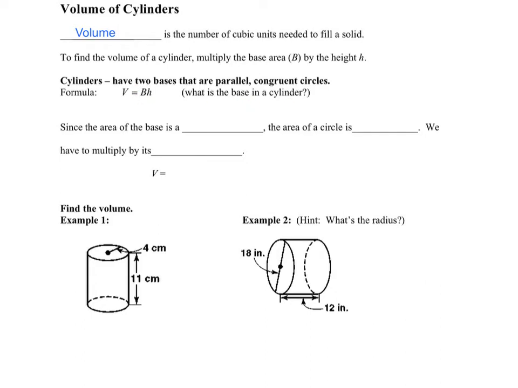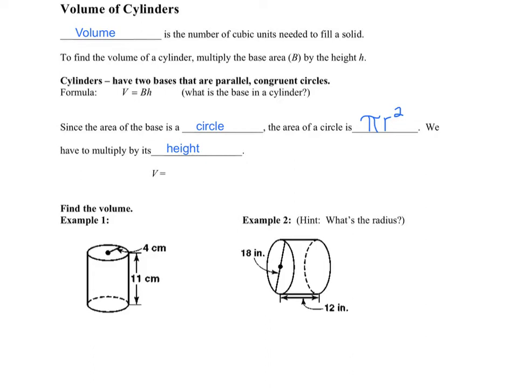It is a circle. So since the base is a circle, and the area of a circle is pi times radius squared, we will then multiply the area of the circle by the height of the solid, since cylinders are solids.